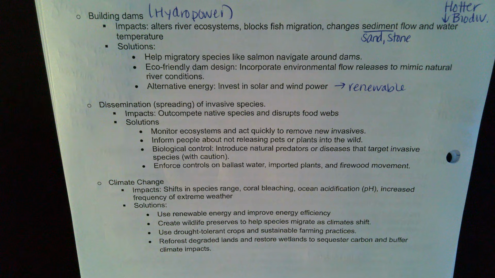Firewood, you're not supposed to transport. I don't exactly know what the requirements are, but maybe 30 or 50 miles from where you live. Ballast water is referring to the water that you take into a boat. You have to be really careful about releasing that into a new river or lake. You probably have invasive species within that water, and then invasive species can get into lakes due to that.